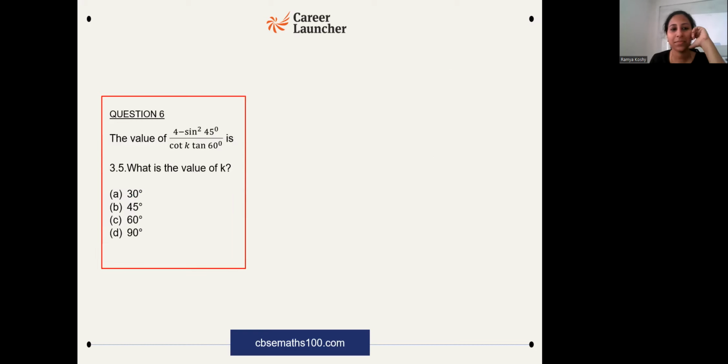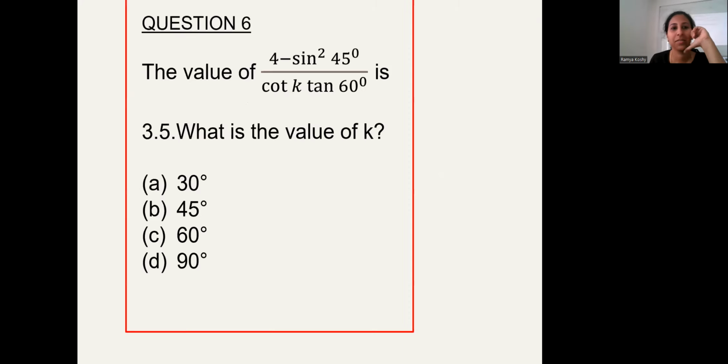This one? Is it 3.5? The value of 4 minus sine square 45 by cot k into tan 60 is 3.5. What is the value of k?